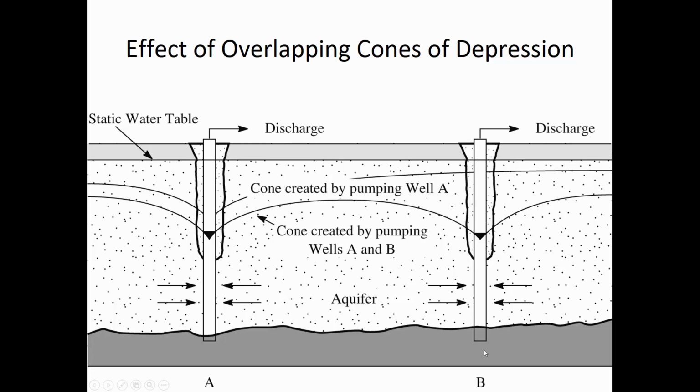But then if you turn on an adjacent well, well B, then well B is influencing how deep the water needs to be at A to achieve the same flow rate. So in other words, now you're taking more water out of the aquifer, so water is going to A and water is going to B, so the cones of depression are cumulative. You'd combine together the drawdown from B and the drawdown from A simultaneously.